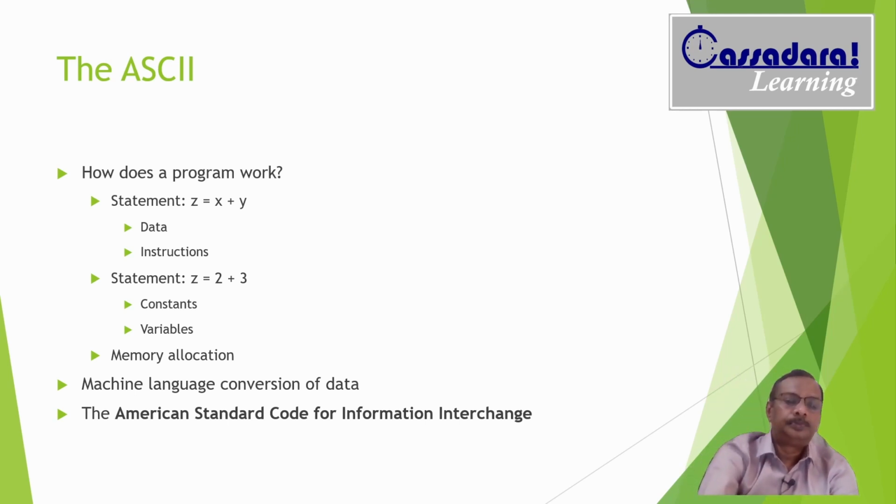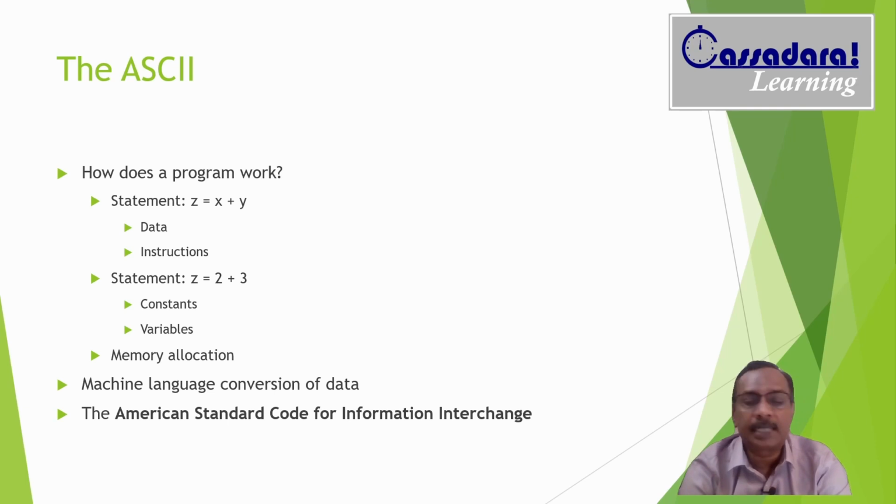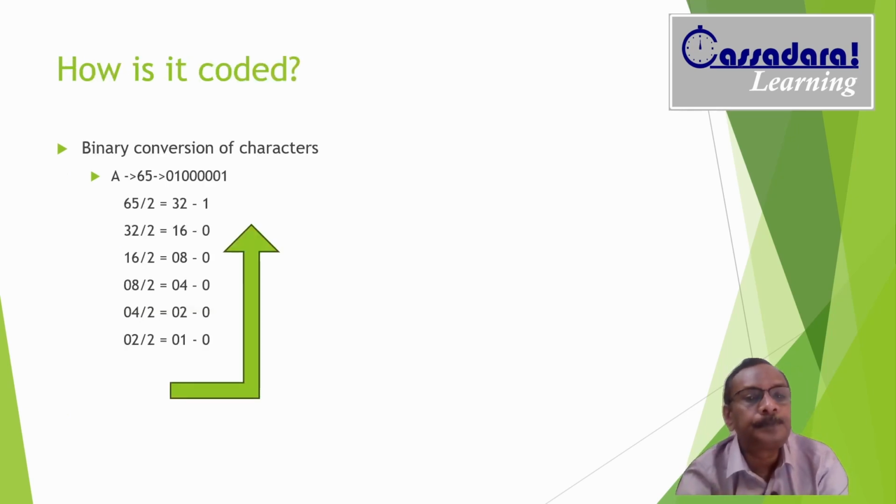So that is where the American Standard Code for Information Interchange, or ASCII, comes into place. The American Standards Bureau devised a standard, and it is called American Standard Code for Information Interchange, which is in short called ASCII.